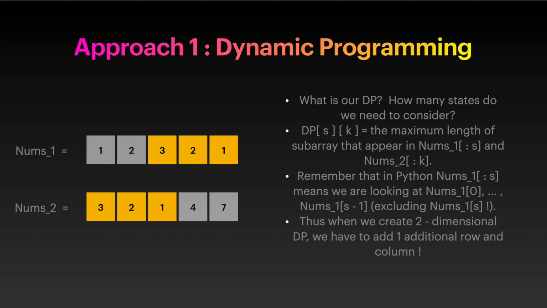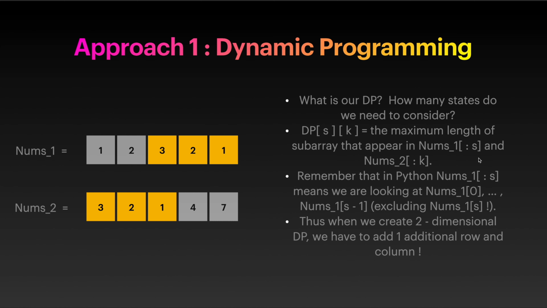In my case, we have two states, right? We have array 1 and array 2, which I label as nums_1 and nums_2. My DP of s comma k is the maximum length of a subarray that appears in nums_1 up to but not including s, and up to but not including k for nums_2.